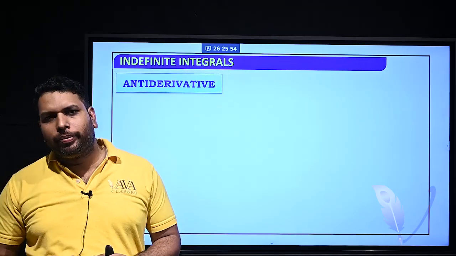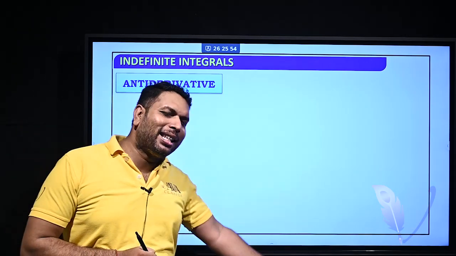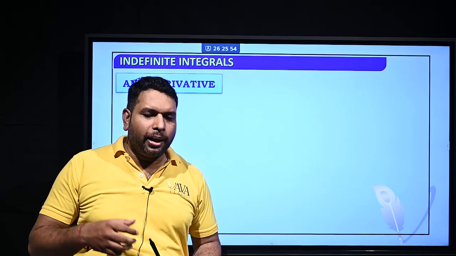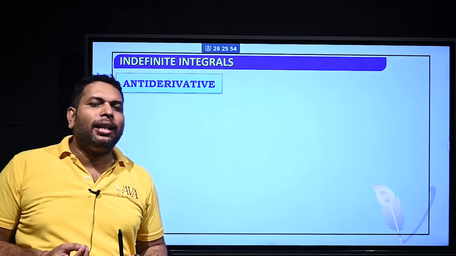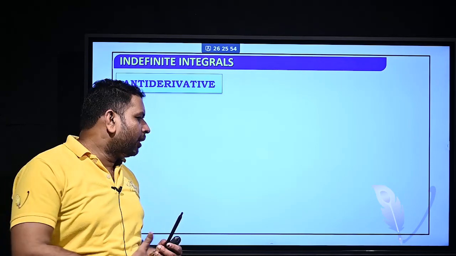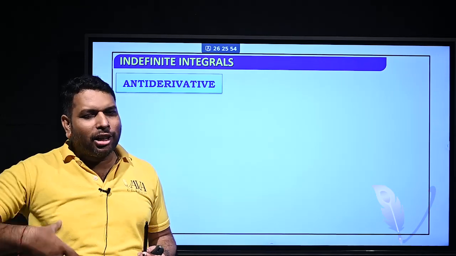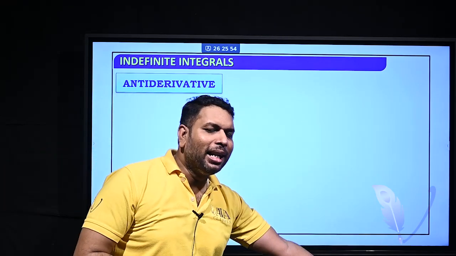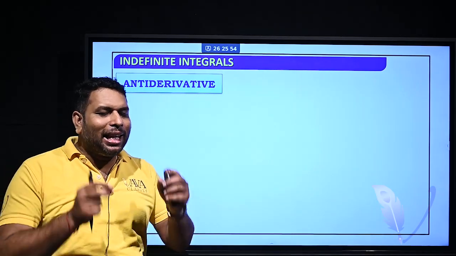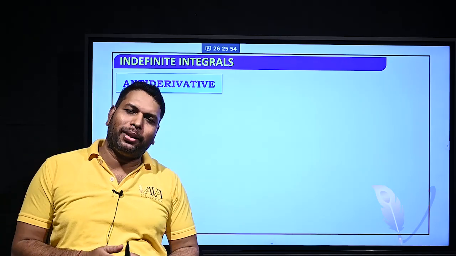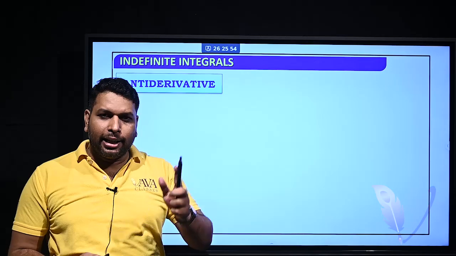Then how, if g(x) is given, can f(x) be evaluated? By thinking this, mathematicians invented another operator, using which if g(x) is given, they can evaluate f(x). That operator is called antiderivative.